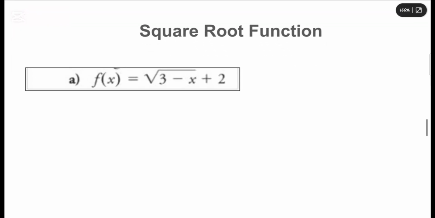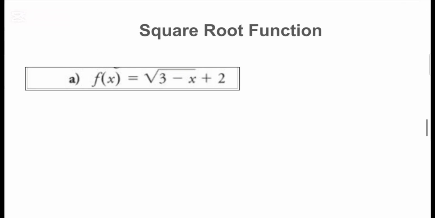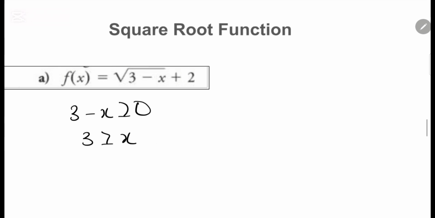Let's do one more problem here. So the domain and range of this. For the domain, just set the whole bracket bigger or equal to 0. This is your domain.